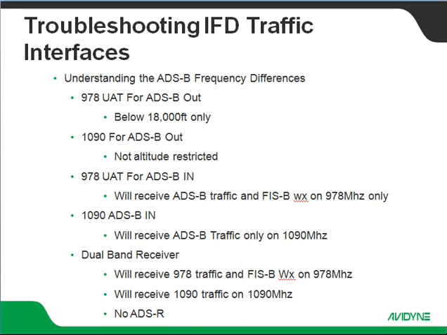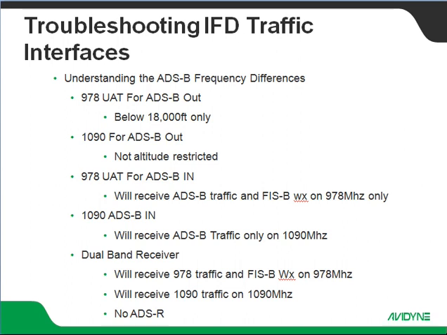So let's talk about ADSB in a little bit. If we're talking about 978 UAT for ADSB in, that is going to give you ADSB traffic and FISB weather, but only on the 978 megahertz frequency. Okay? You don't have to use both. You can use a GDL 69 for weather and still bring in the ADSB traffic, or if you've got an active traffic system on board and you don't want to mess with ADSB traffic, you can do just the FISB weather.